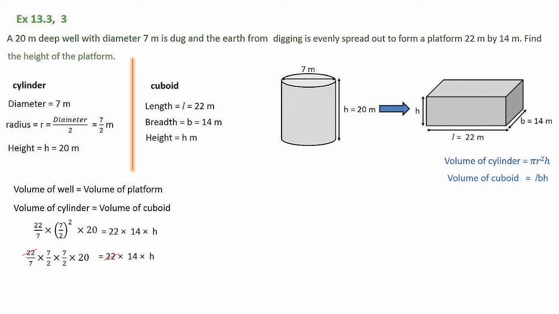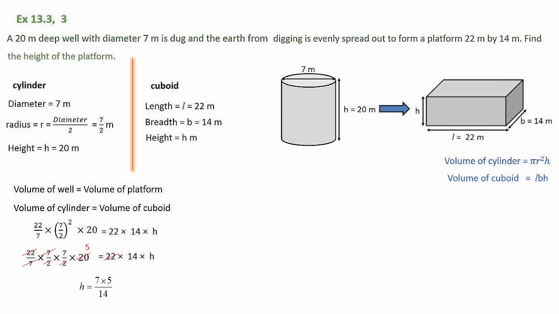Here 22 can be cancelled on both sides. Next, 7 can be cancelled. Next, these 2s we can cancel, 2 into 2 is 4, and this 20 we can cancel as 5. Then all cancellation is done. So on the left side there is 7 into 5, on the right side there is 14h.